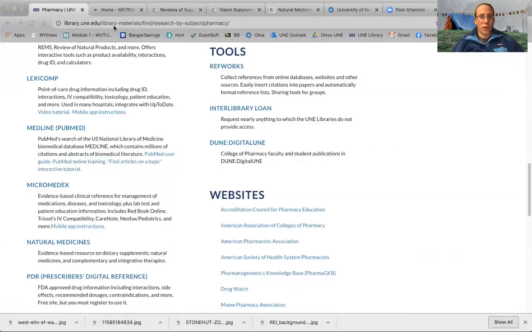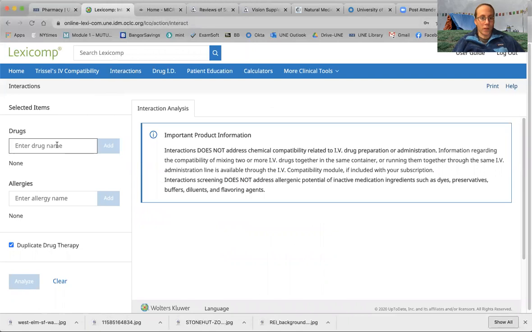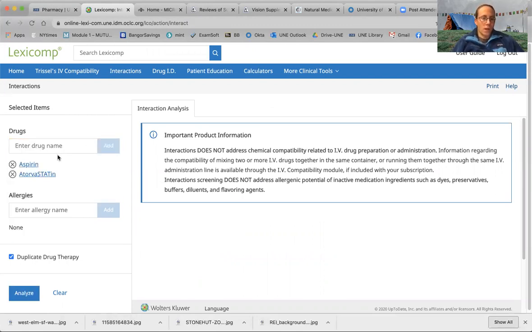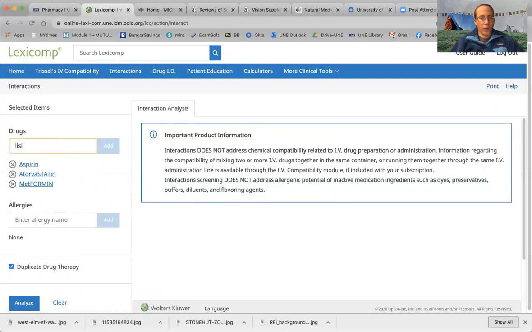Okay, so I've got Lexicomp loaded up here. Now let's try aspirin. Great. Statin. I'll say Lexi's been getting on my nerves lately with its autofill. It's kind of annoying. So metformin. We had lisinopril.